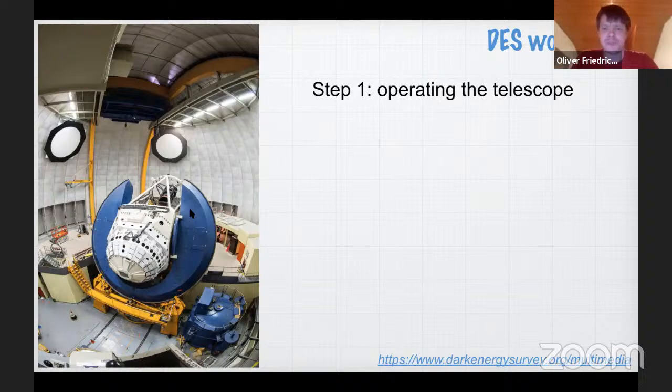Somebody has to be here and has to operate the telescope pointed at wherever in the sky we want to take our next images. To be honest, I don't know too much about that process. This is really the problem of working in such a large project. It's hard to keep the overview of what's going on, but this is certainly the first important step.